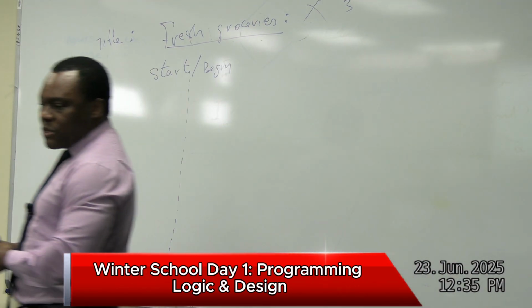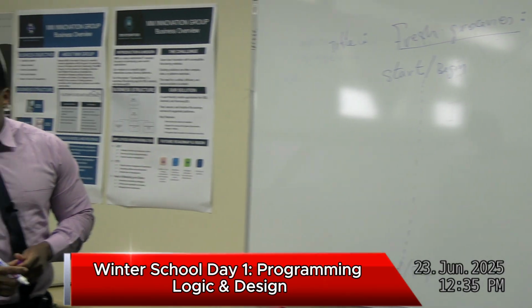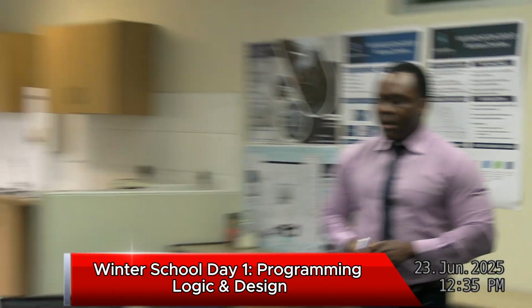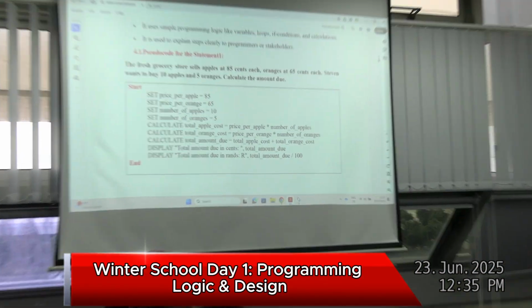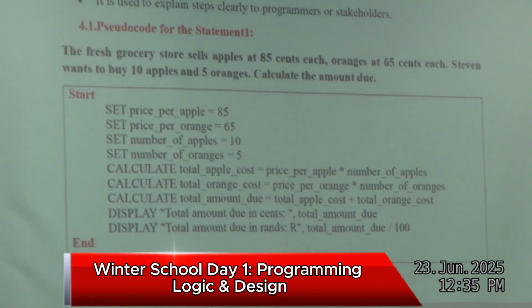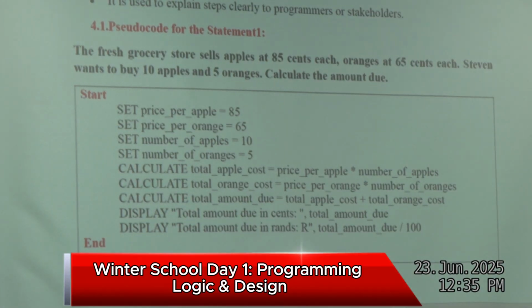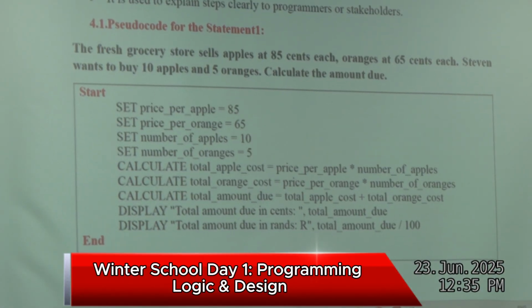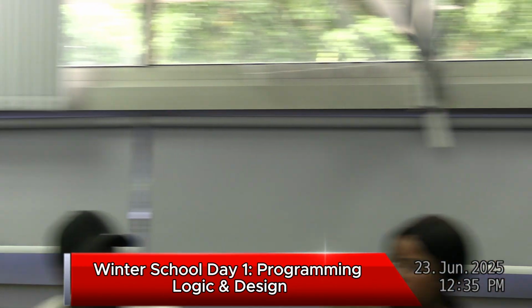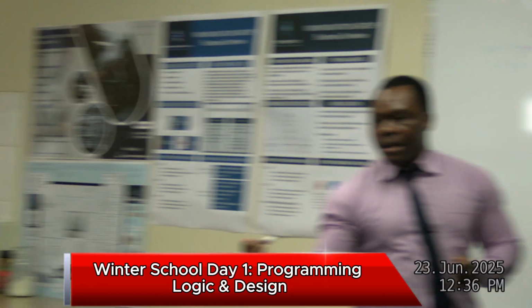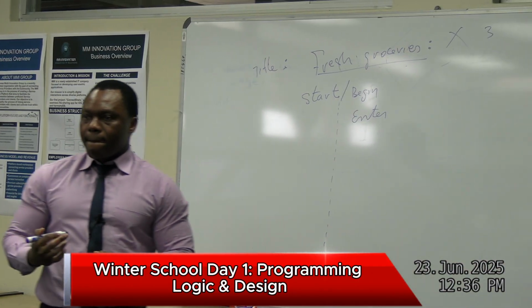Now, what could be the first one? The first one said set the price of apple to 85 cents. I can say this, enter, okay. Remember, we've given 3 keywords for inputs, that's correct? You can use either input or set or enter, okay? You don't have to memorize things, okay?